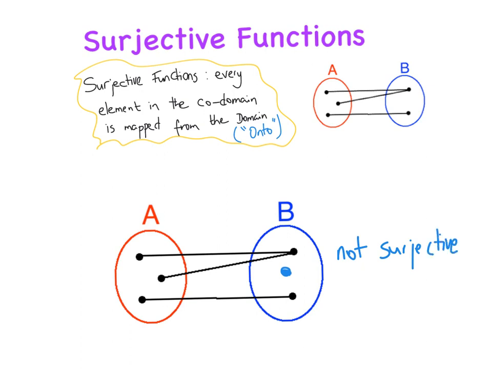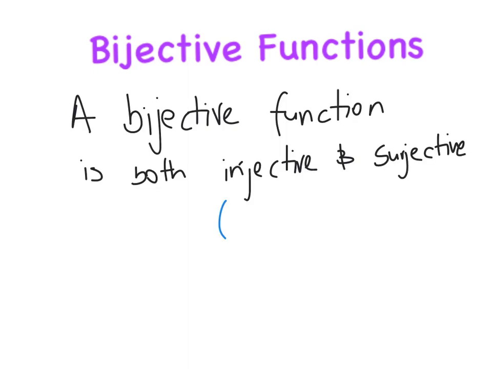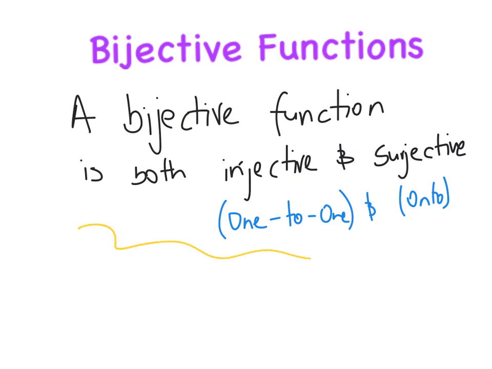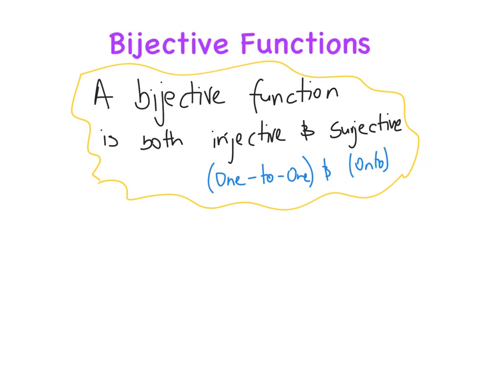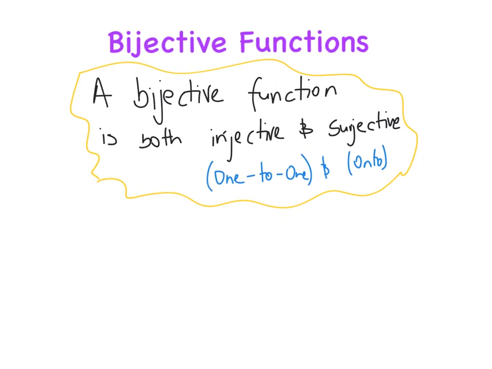Okay, so very simply then, bijective functions are both surjective and injective. That means it is both one-to-one and onto. Okay, so that's our definition there. And let's look at an example of one that is both one-to-one and onto.